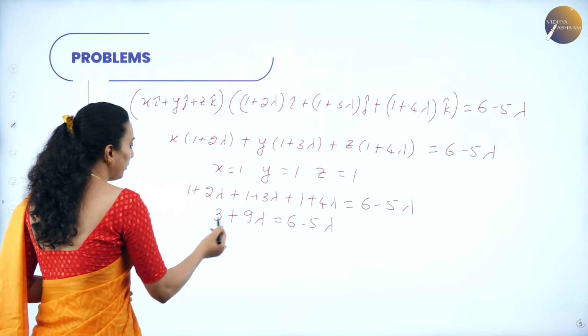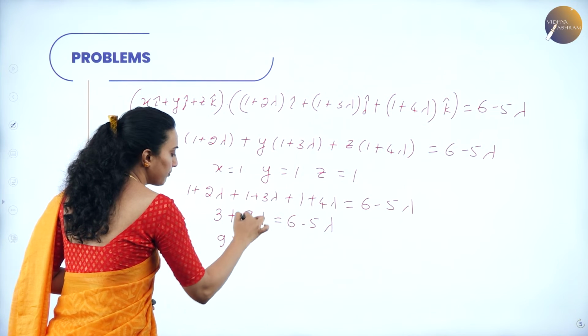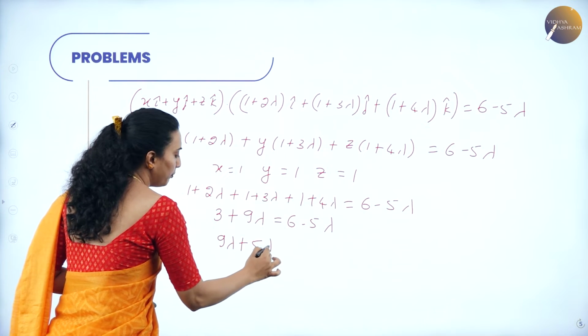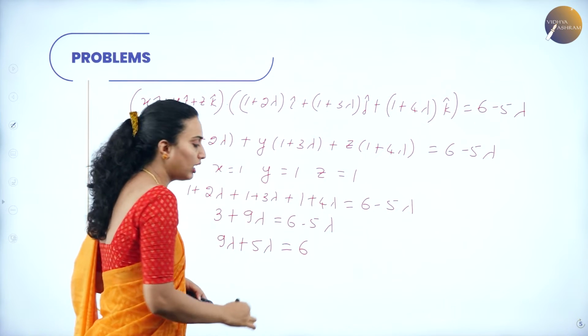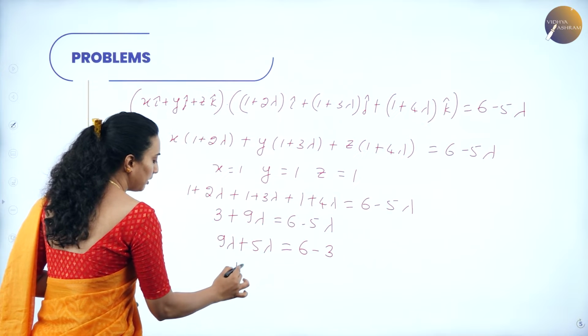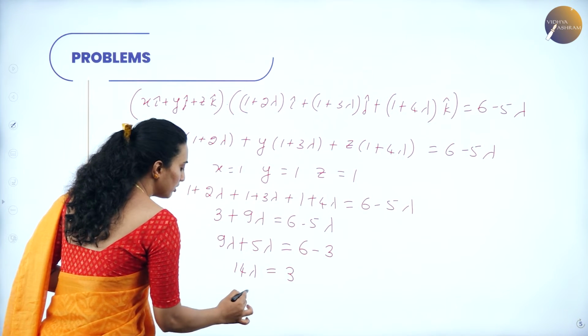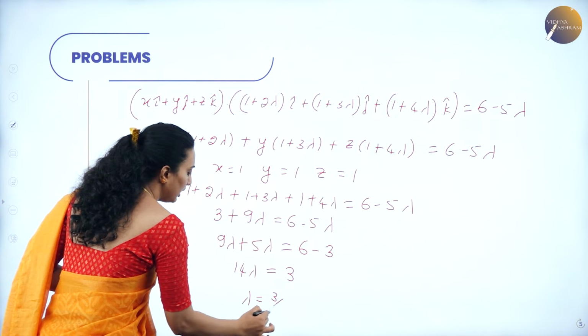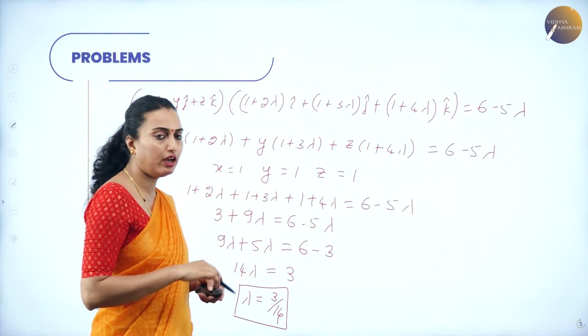So here, minus 5 lambda, if I bring it to this side, it will become plus 5 lambda. Plus 3, if I take it to that side, it will become minus 3. So 9 lambda plus 5 lambda is nothing but 14 lambda is equal to 6 minus 3, which is nothing but 3. So lambda is equal to 3 divided by 14. Okay, this is the lambda value.